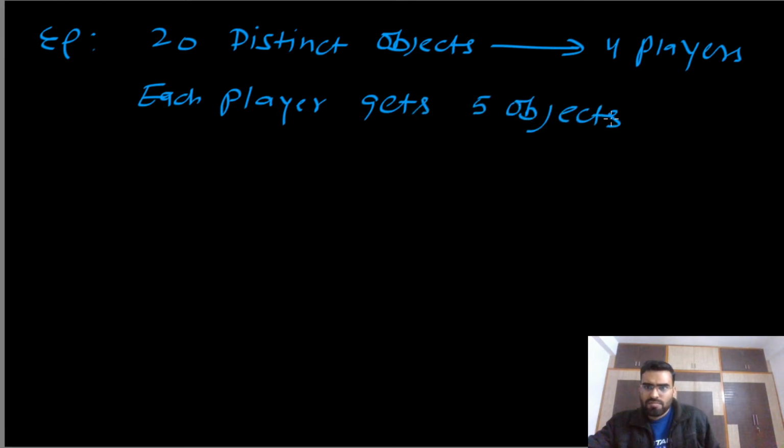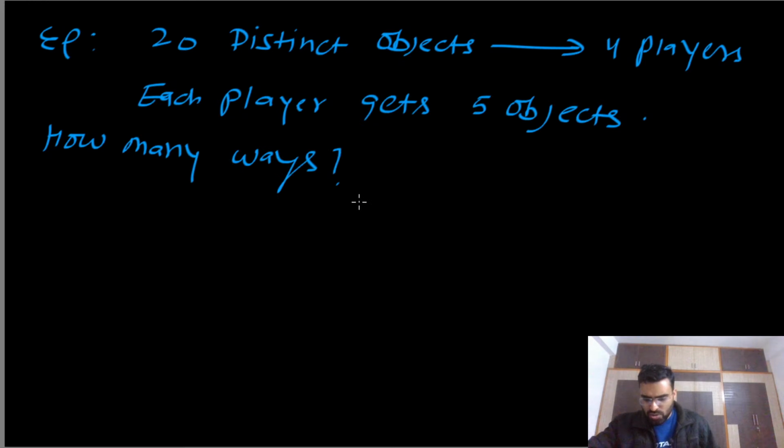Then how to solve it? So the question is: how many ways are there to distribute these to 4 players?